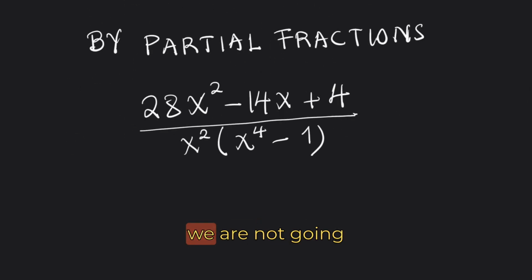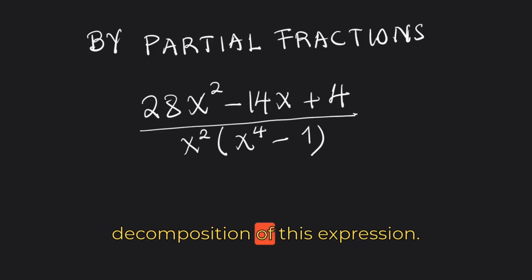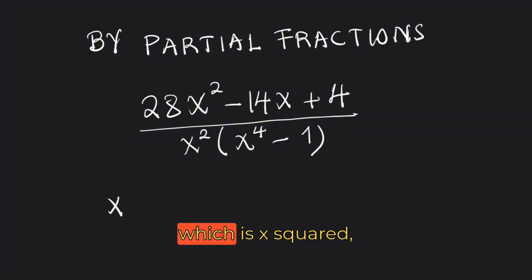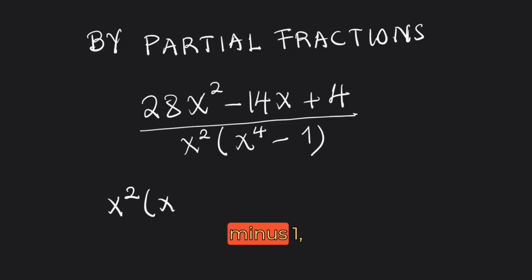Actually, for this problem, we are not going to write the full partial fraction decomposition of this expression, right? The idea is just to introduce the notion of how we decompose partial fractions. So what is very important here is that we write the denominator, which is x squared times x to the power 4 minus 1, as a product of its factors.